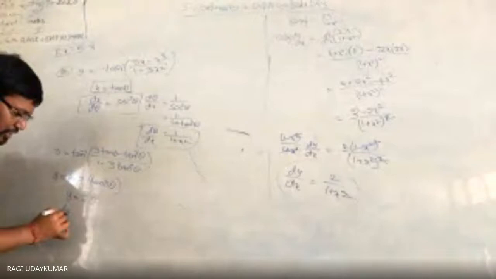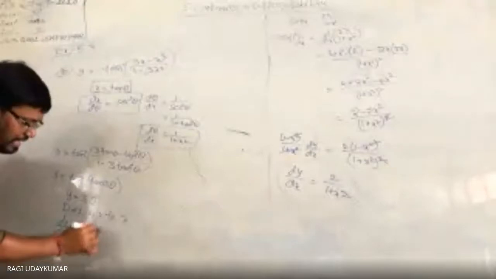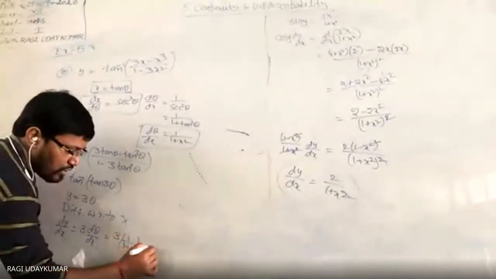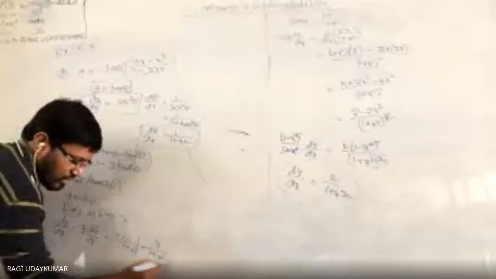Again, here you need to write differentiating with respect to x. So dy by dx is equals to 3 into d theta by dx. D theta by dx is 1 by 1 plus x square, so it is 3 into 1 by 1 plus x square, which is 3 by 1 plus x square. So dy by dx is equals to 3 by 1 plus x square. Okay?